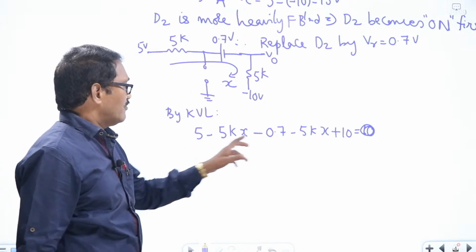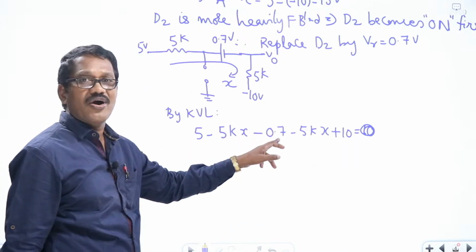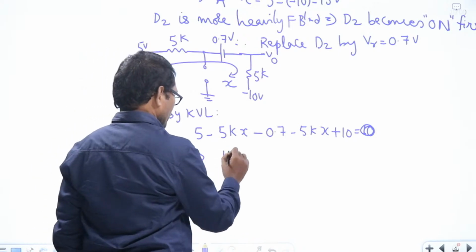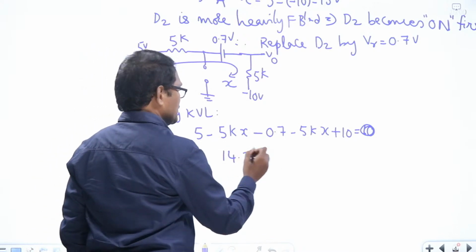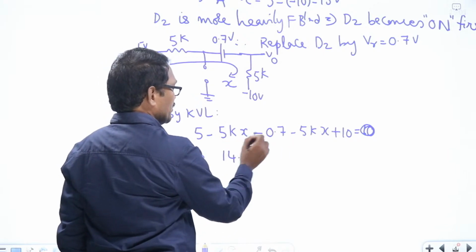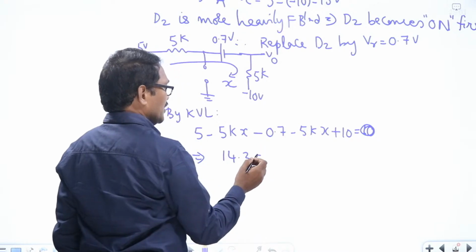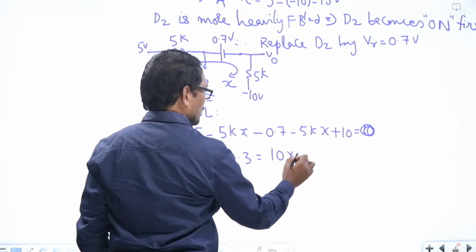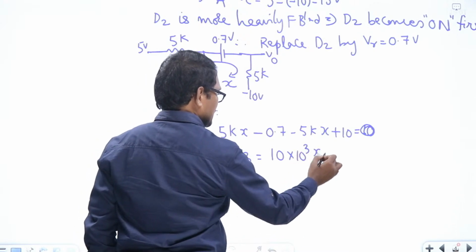That means 15 minus 0.7, that is 14.3, is equal to 5K X plus 5K X, that is 10 into 10 cube X.